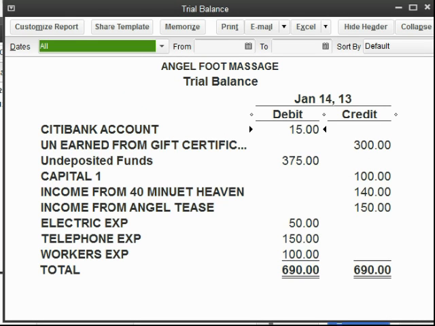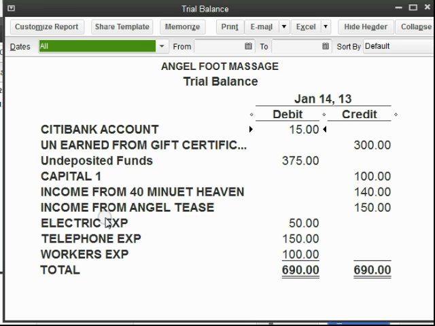Can you guess which accounts will change at the moment we give an Angel Tease service to someone who has already prepaid from the gift certificate? Well, if we, for example, performed 2 Angel Tees for $25 each, income from Angel Tees would increase by $50 because we did earn the income from Angel Tees at the moment we perform the service.